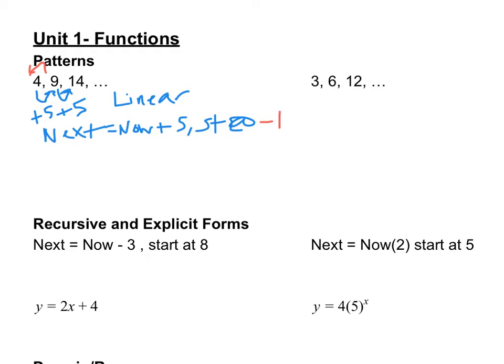And then we learned to go to what's called the explicit form. So that would be y equals, we start at -1, we add 5, x number of times. Or you might have written it as y equals 5x minus 1. Any of those is totally fine.